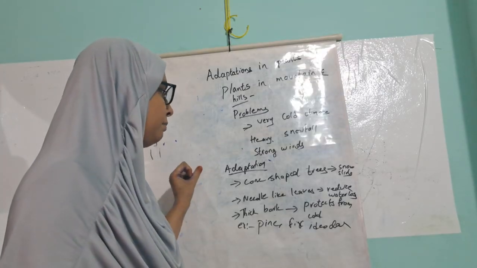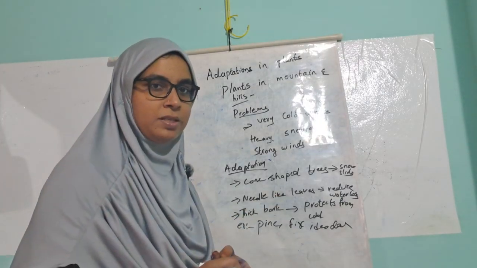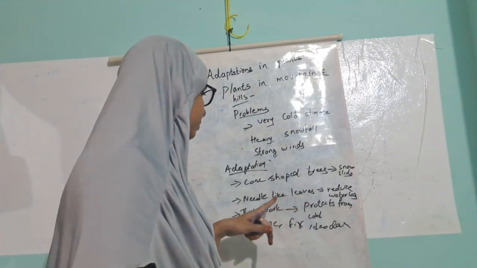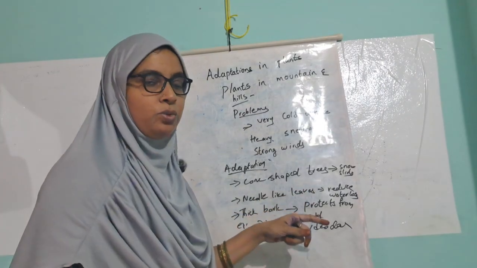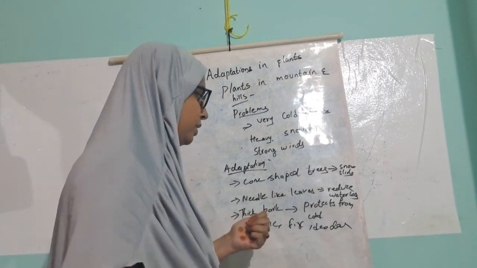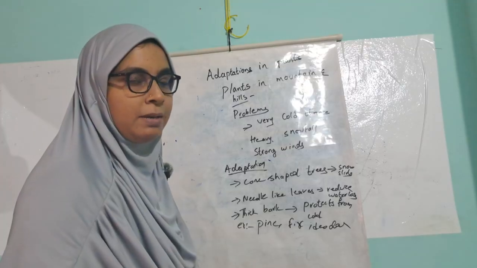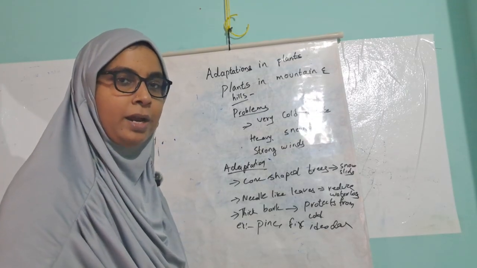What are the adaptations? Cone shaped trees, so the snow slides off easily. Needle-like leaves reduce water loss, and they have thick bark that protects from cold. Examples: pine, fir, and deodar.